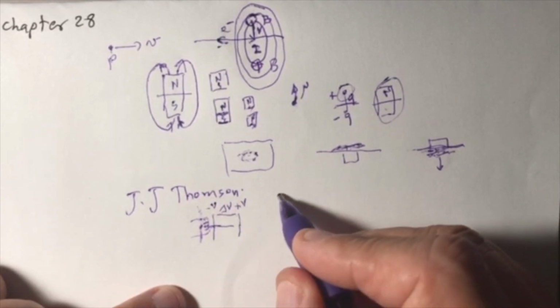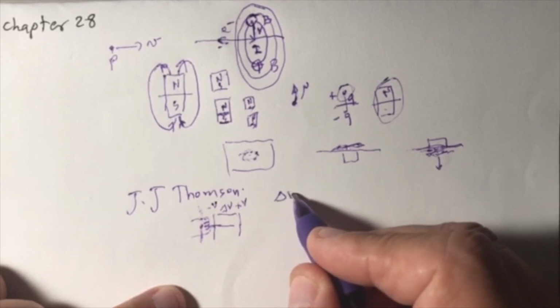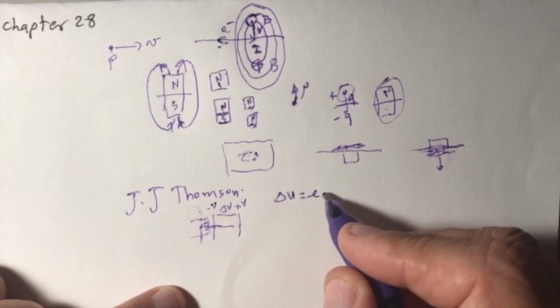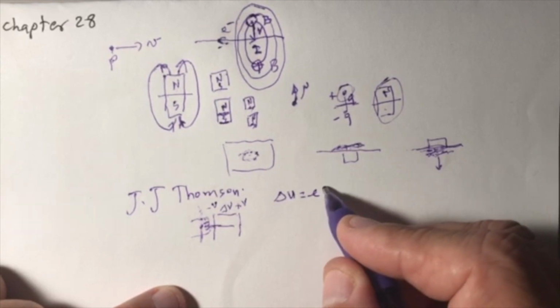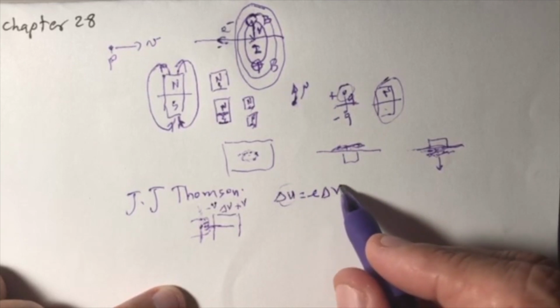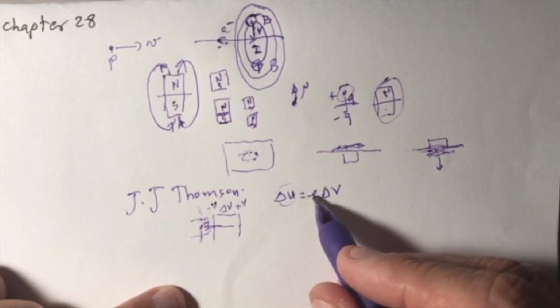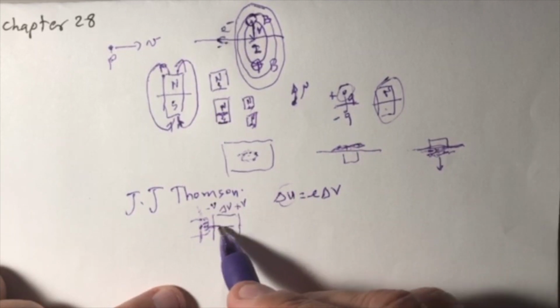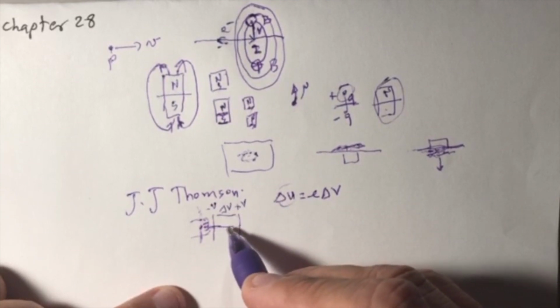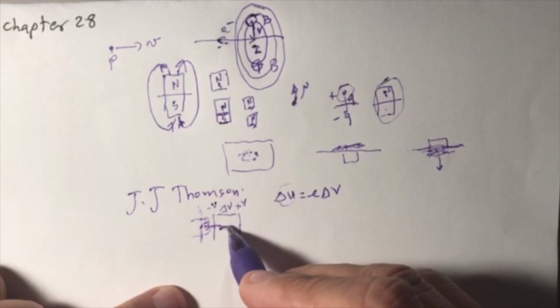There is an energy actually, which is delta U equal to the charge of the electron, minus e, times the difference of potential. This is the potential energy, this is the potential, and this is the charge of the electron. So you have some energy here that works on the electron and makes it go fast.